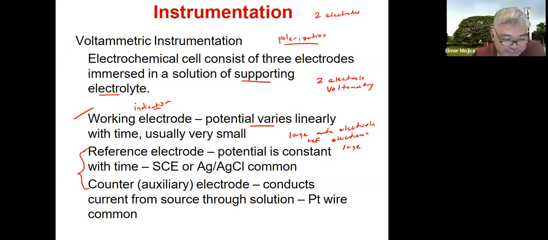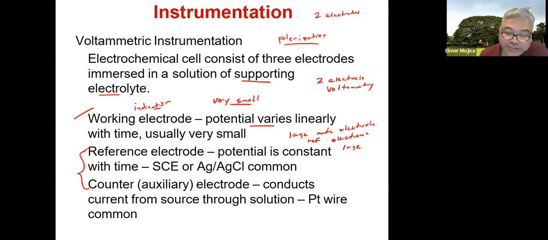And usually this working electrode has dimensions that are very small, so that it has a tendency to become polarized. So yun yung nature niyan. And the working electrode is often used in conjunction with the auxiliary electrode.